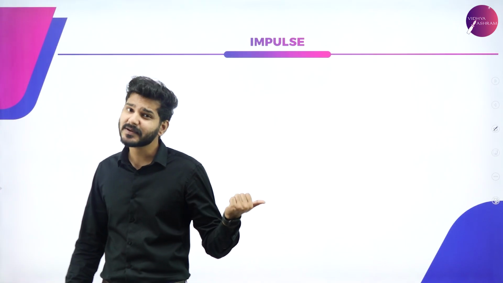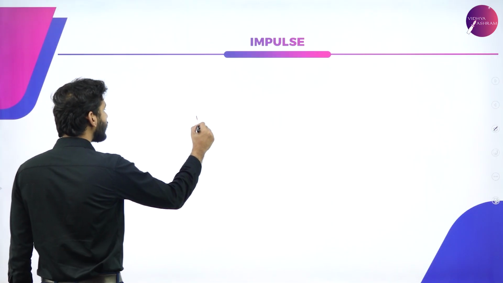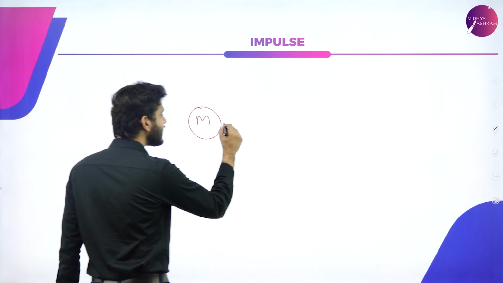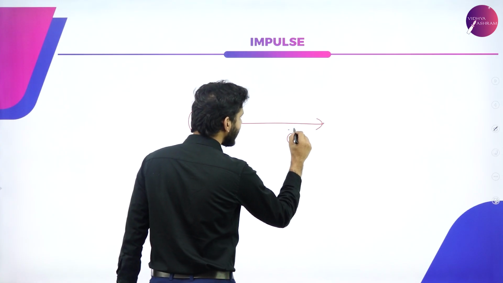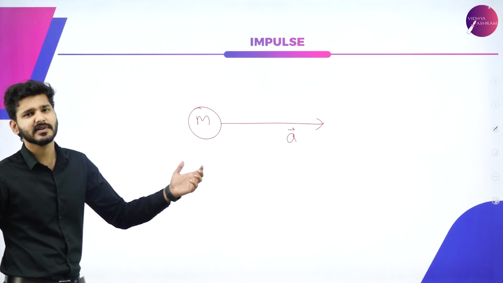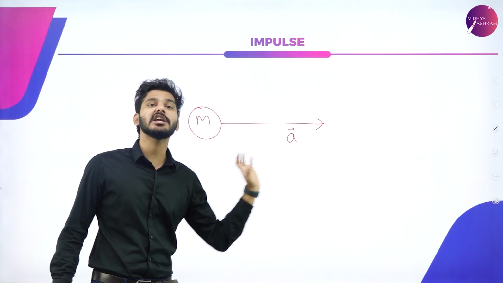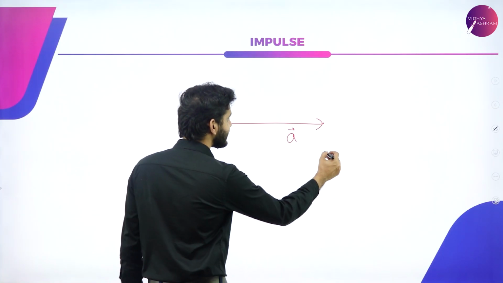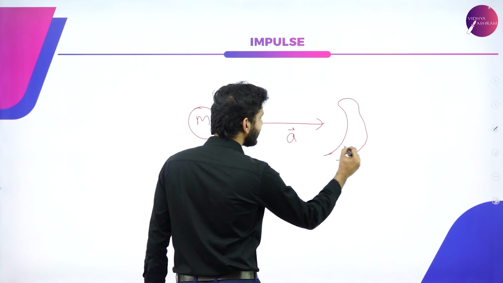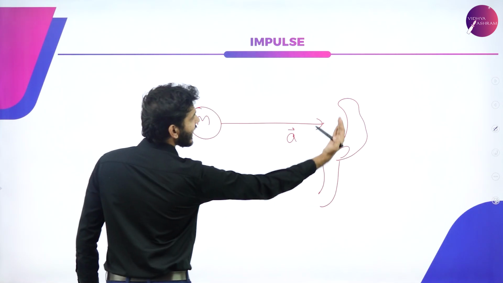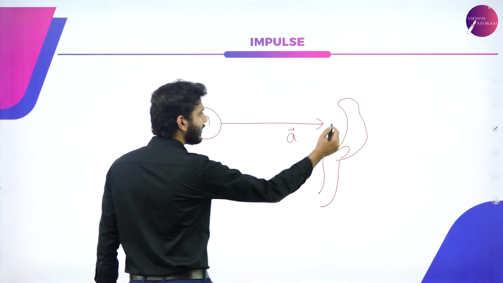We can simply say that the cricket ball was just a mass m traveling towards me with an acceleration a. Or simply, I can say that the cricket ball is a body that is exerting a force. And let's say this is my hand. I'm reaching out and grabbing the ball like a catch. It's a very bad painting, but yeah.